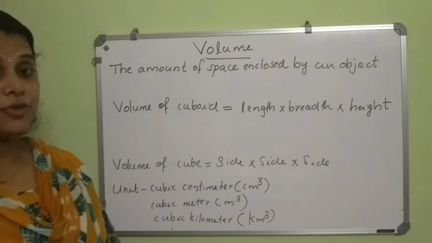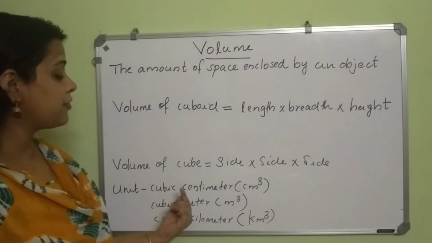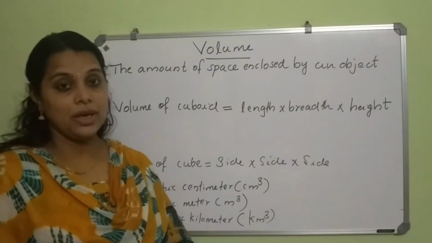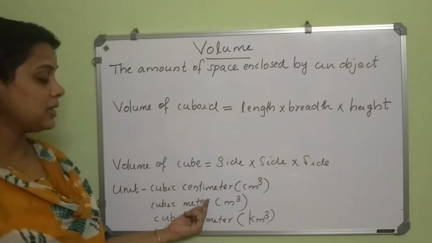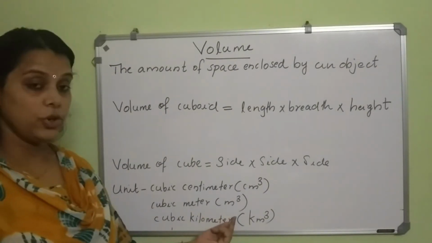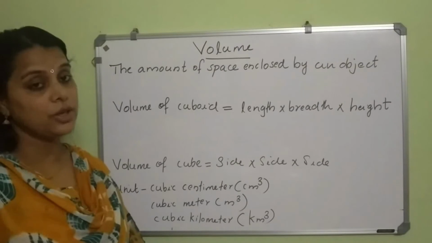In the case of cube, all sides are equal. So we can say volume of cube is side into side into side. The unit of volume is expressed in cubic centimeter or centimeter cube, cubic meter or meter cube, cubic kilometer or kilometer cube.